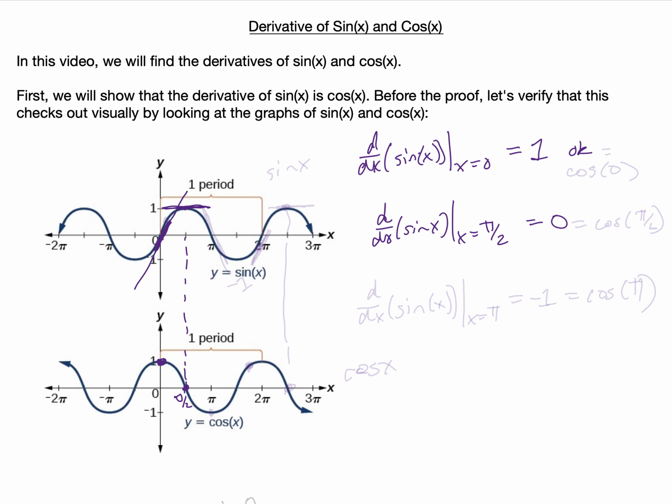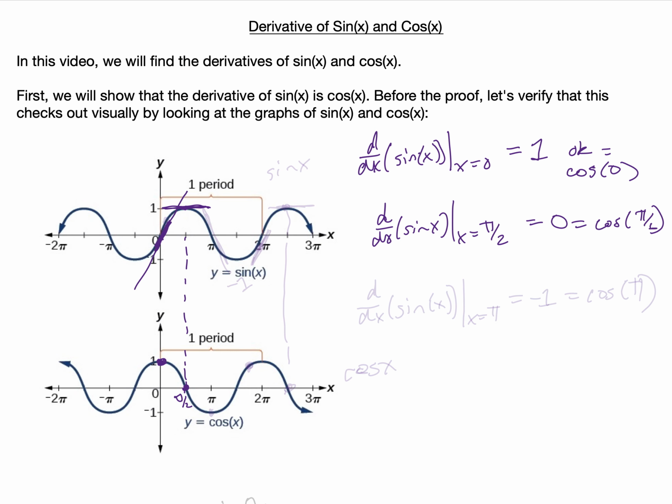And that checks out with the value of cosine of pi over 2. And again, this also checks out with the value of cosine of 0. So far it looks like these things could match. It's certainly not a proof, but just a visual assurance that this looks like it could be reasonable.